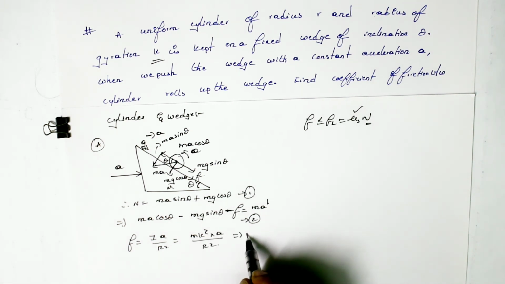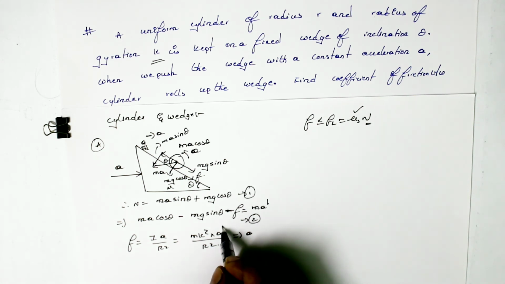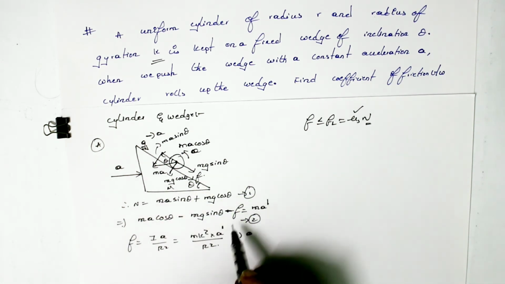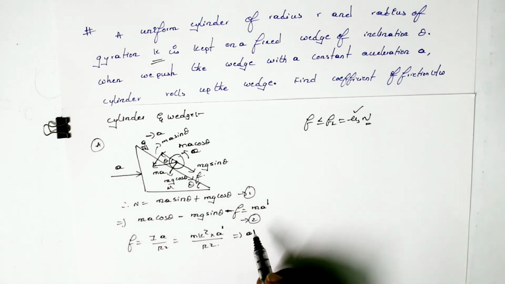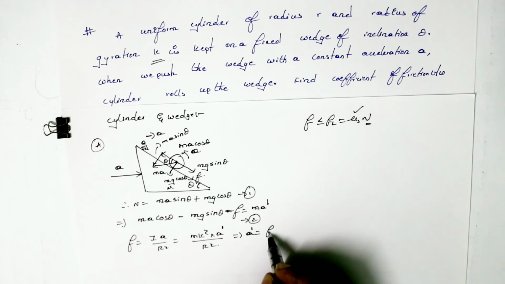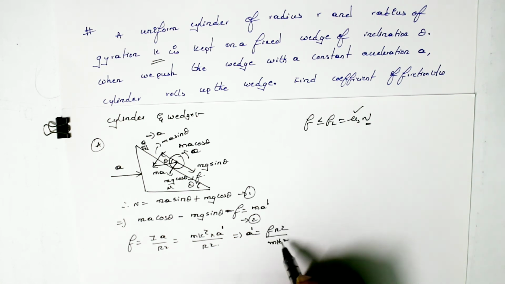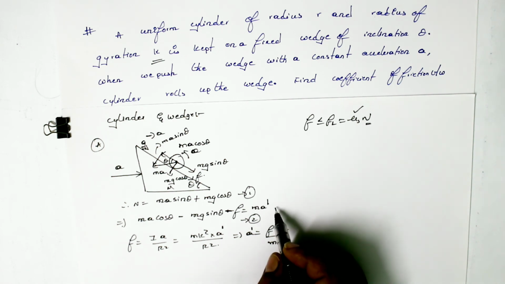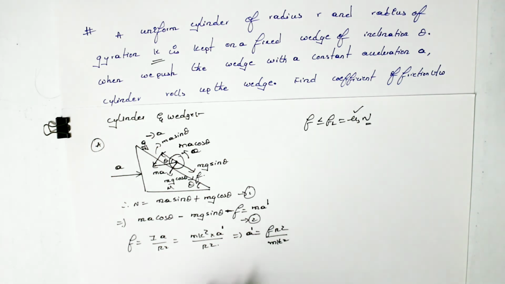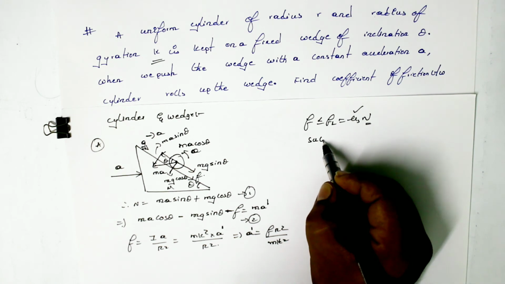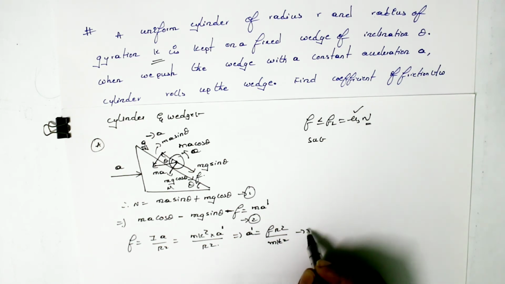The acceleration of the cylinder with respect to the wedge is a dash. So a dash can be written as F r square divided by m k square. Let it be equation number 3.